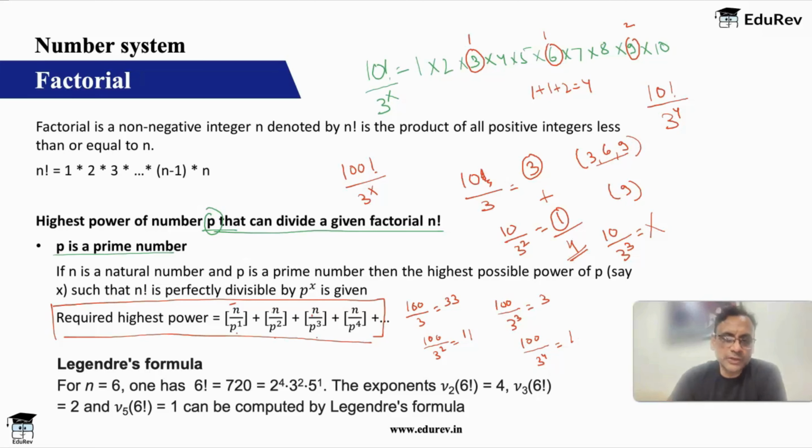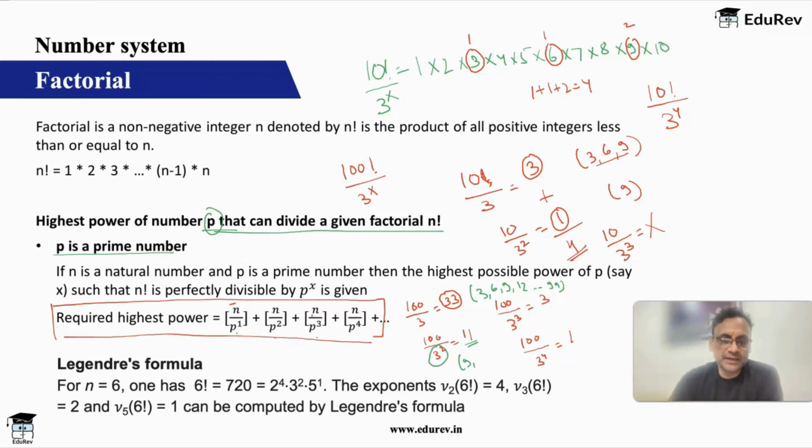So the total value that we have got is 33. Now these 33 numbers, also understand which numbers these are. These are all numbers which are multiples of 3: 3, 6, 9, 12, up to 99. Then these 11 are numbers which are multiples of 3 square, that means multiples of 9.